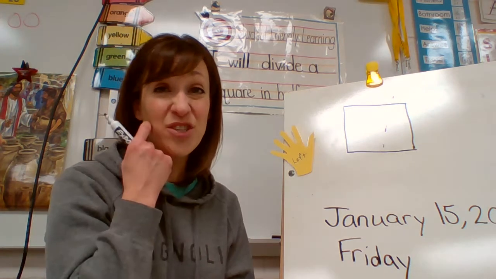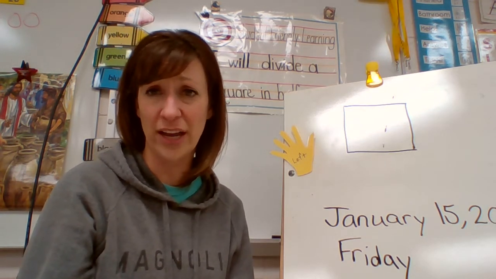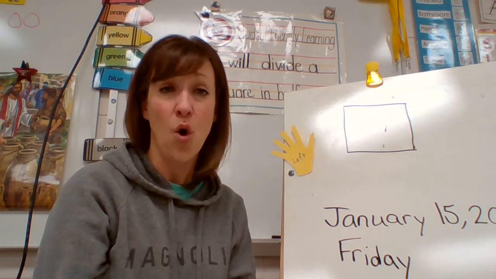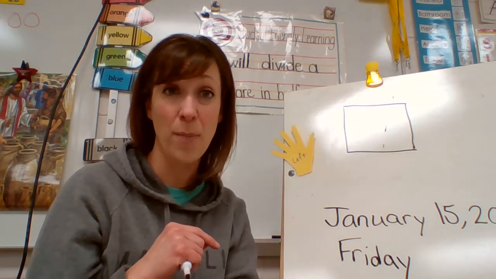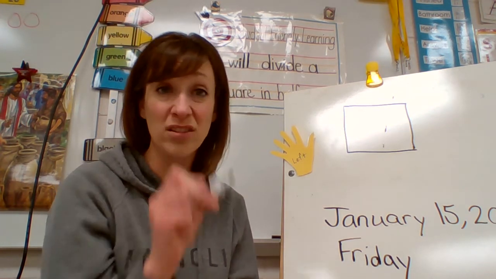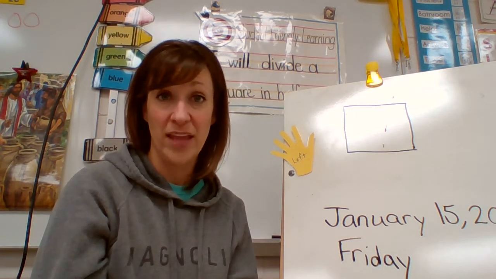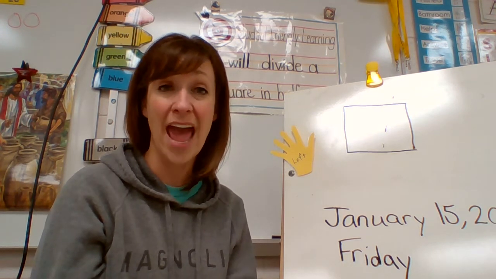And then we need to understand what the word divide means from our student-friendly learning target. Divide means that you're going to cut something in half, or in this case, we're not actually going to take a scissors and cut this square apart. We're going to draw a line to draw an imaginary cut line on it. And then the third part of that student-friendly learning target is the word half.